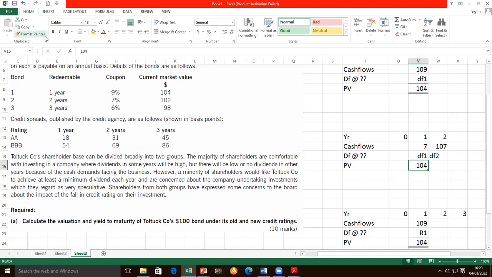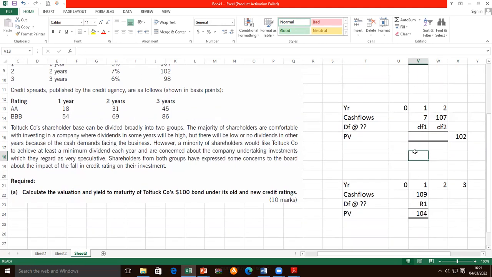Okay. So these are the discount factors that you're going to find first. You find these discount factors. And then this one, we don't know, but this one should give us how much? These two, when you add them up, the total should be 102. Okay. What of here?